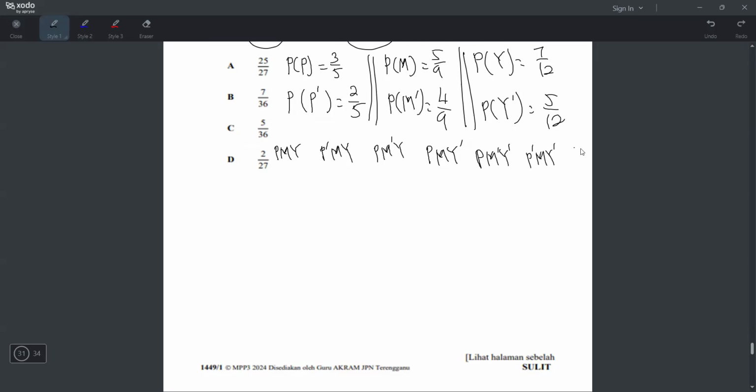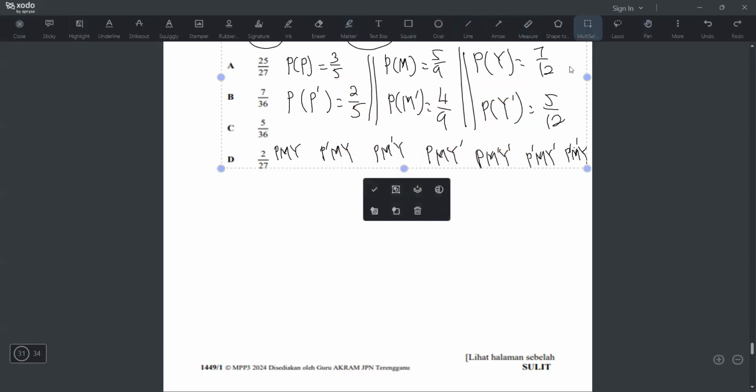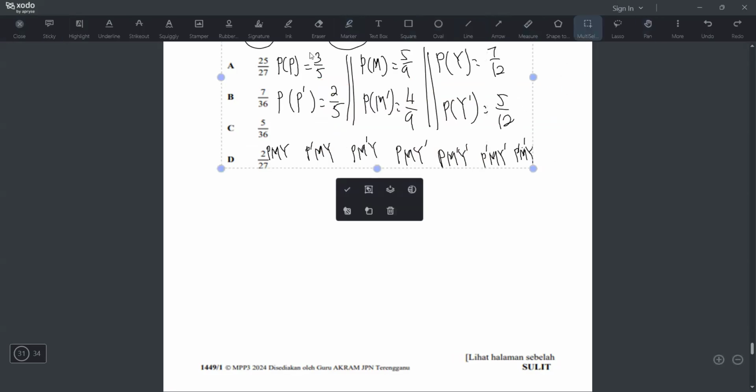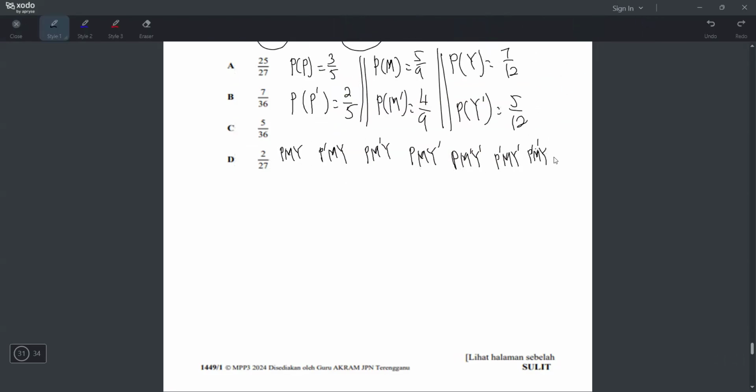So kalau dapat Y saja means Y, and then P prime, M prime. Macam ni. Right? Okay, satu lagi. Ada lagi satu lagi possibilities. Tell me what is satu lagi. Satu lagi possibility is tiga-tiga tak dapat. P prime, M prime, Y prime. So in total got how many possibility? 1, 2, 3, 4, 5, 6, 7, 8. In total got 8 possibilities.